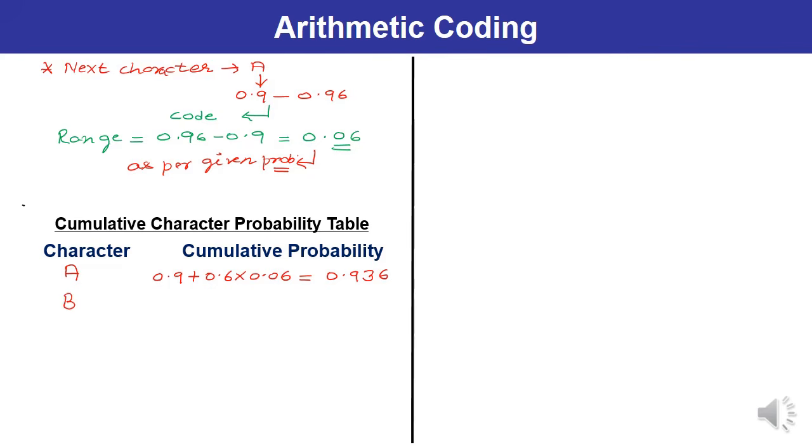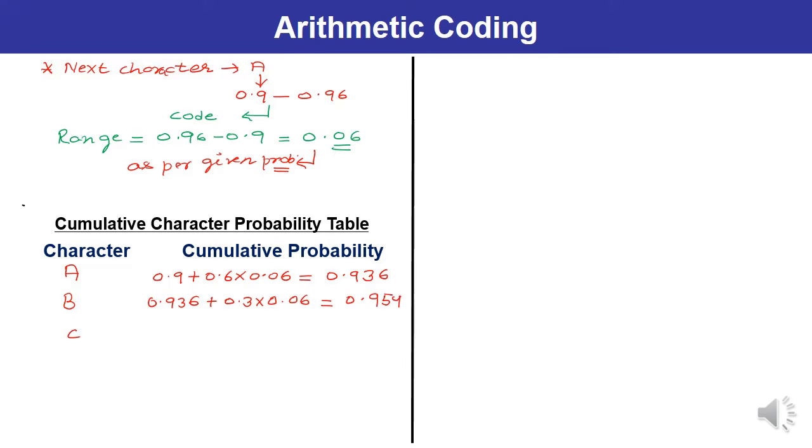Now find out for B. B will start from this particular value 0.936. 0.936 plus the probability of B into the range which is 0.06. You will be getting the value as 0.954.